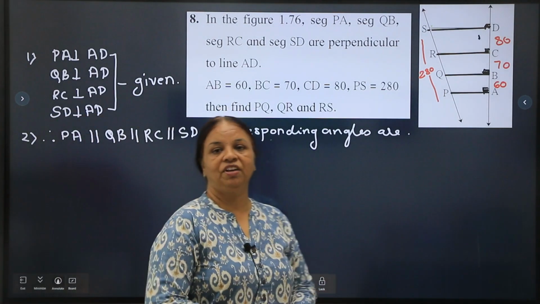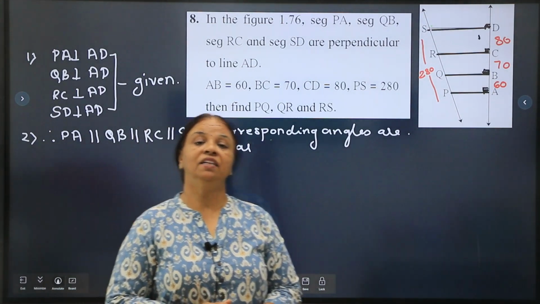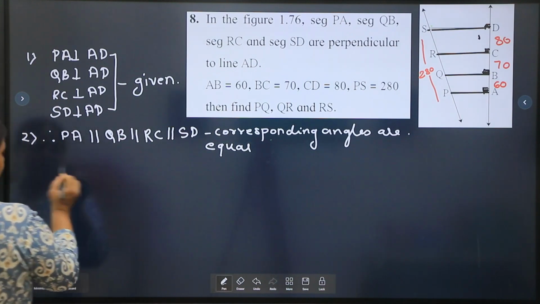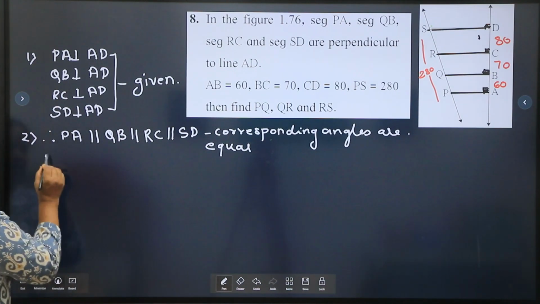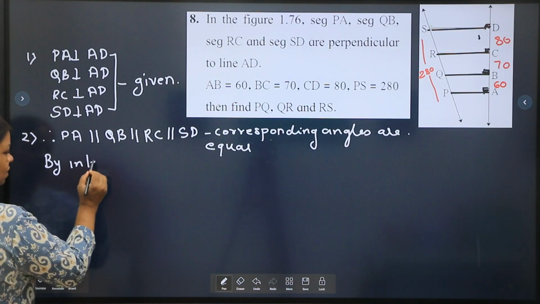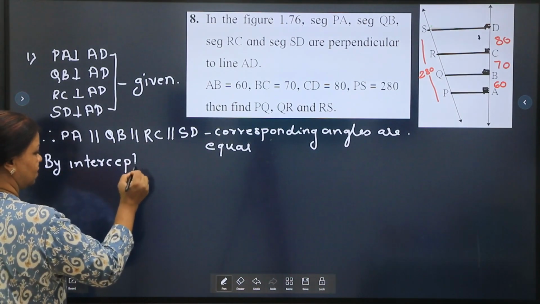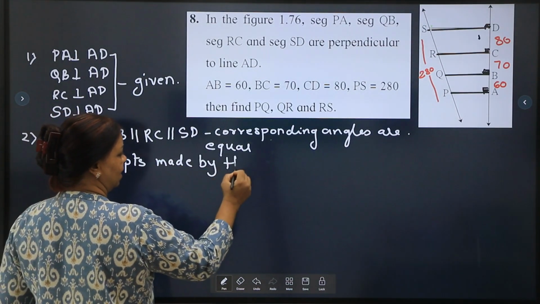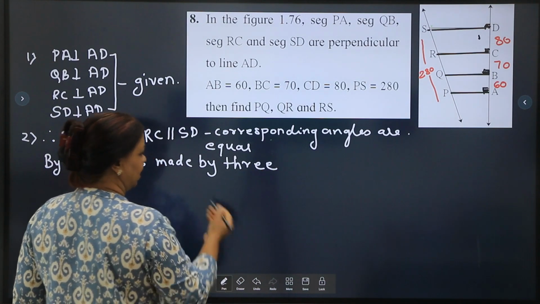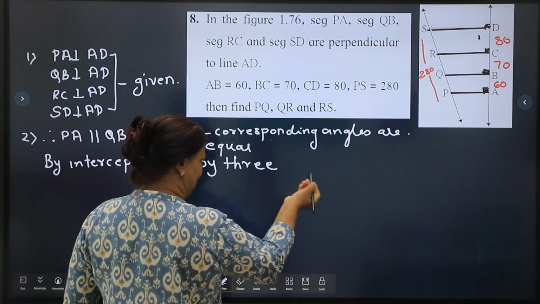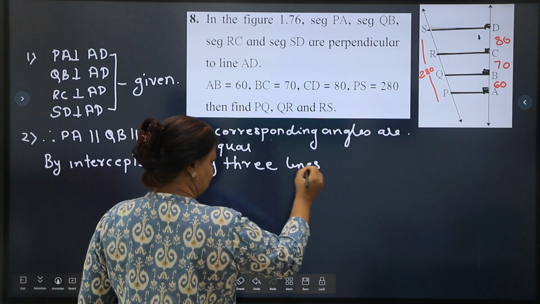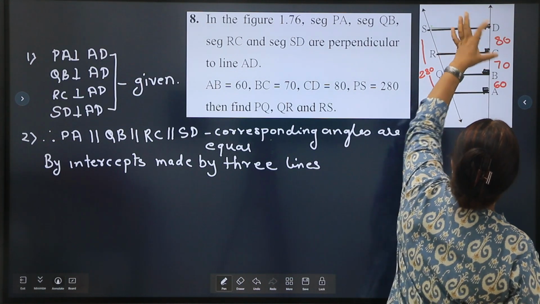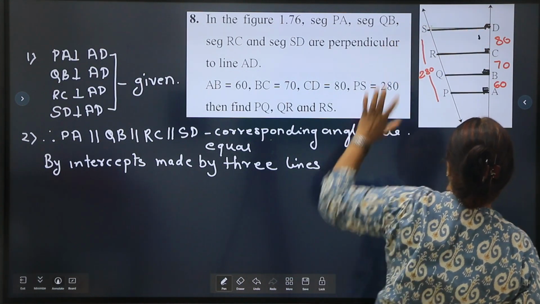If the lines are parallel, we have done one theorem, intercepts made by three parallel lines. So here we can use that formula. By intercepts made by three parallel lines, first of all we will use this upon this is equal to this upon this.